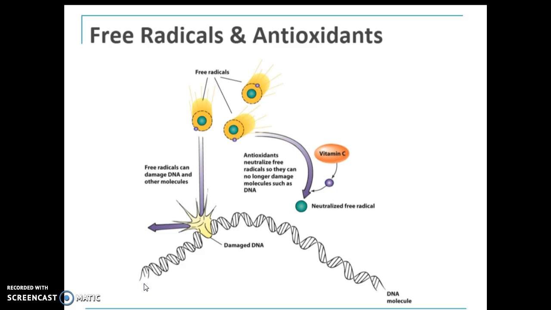Free radicals can damage the DNA and other molecules, and things like vitamin C, vitamin A, vitamin E, as well as some of the trace minerals that we'll talk about in Chapter 8, help to neutralize these free radicals, preventing them from damaging DNA, and thus, skincare people would love to claim that they reverse the aging process, right? And then we also can see that they can have a lot of benefits in anti-cancer as well as anti-heart disease.